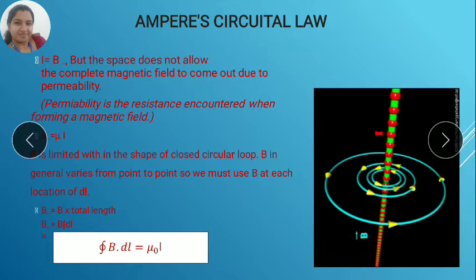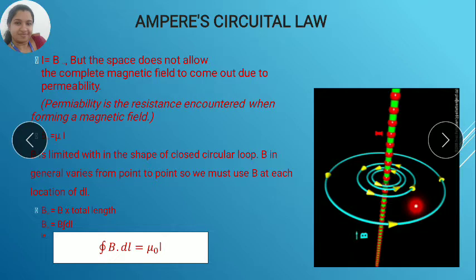Here, in the case of this first loop, if we consider a small length dl, then the total magnetic field B total is equal to B induced of this loop into the total length.